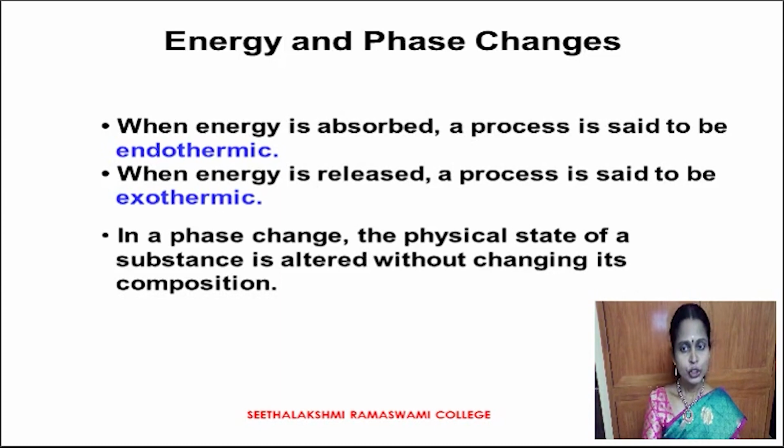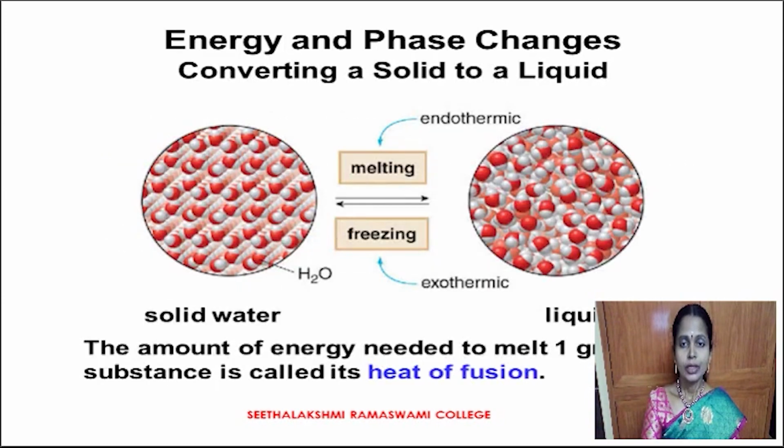In a phase change, the physical state of a substance is altered without change in its composition. This is the first type of phase change, where the solid is converted to the liquid. This process is called melting, and this is an endothermic process.